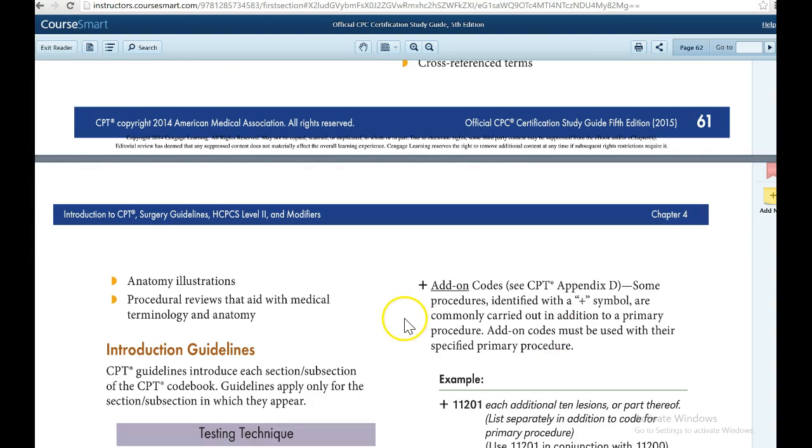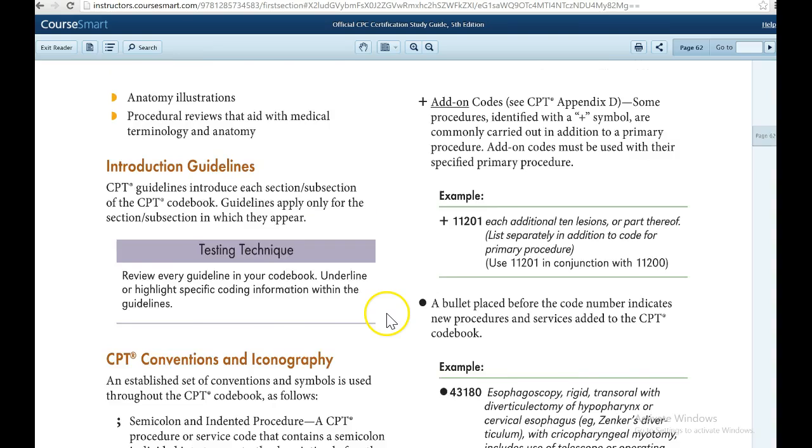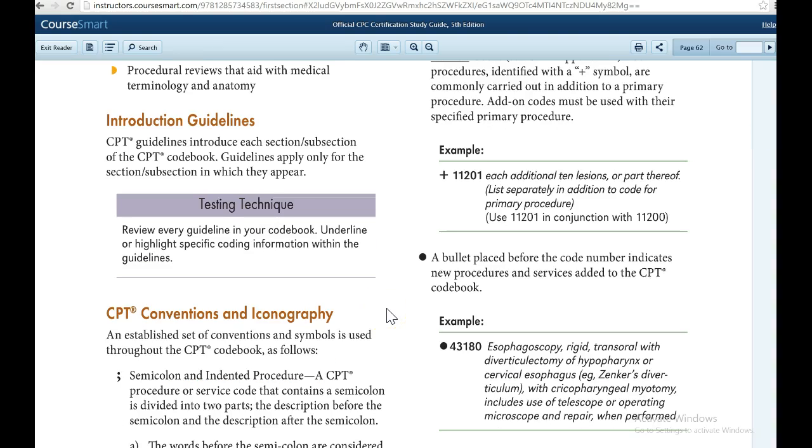Also, anatomic illustrations in the front of your book, procedural reviews, and medical terminology and anatomy. Y'all, that is all in the front of your book. Please remember where everything is. Everything that you'll need to take the test is found in the books. You just got to know where to go and find it. So make sure you are abreast and know what's found in your book and where to go and find it.